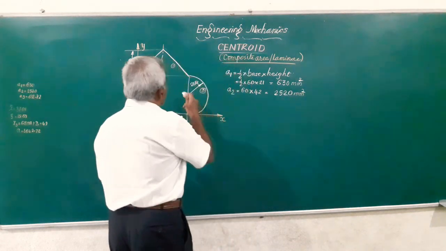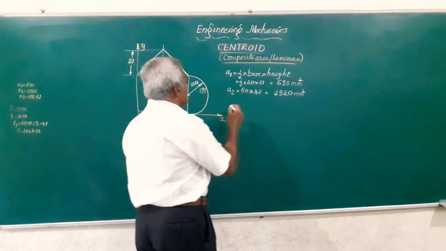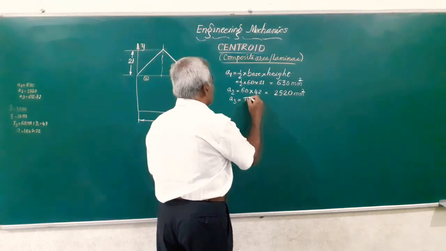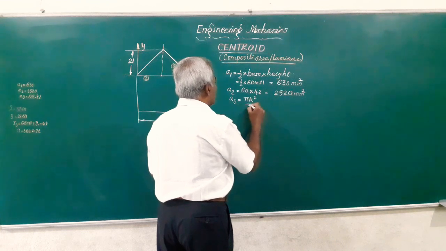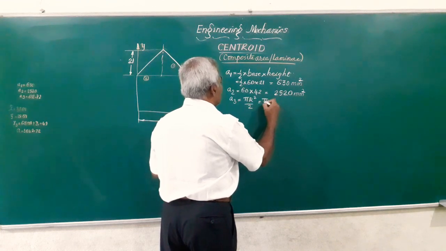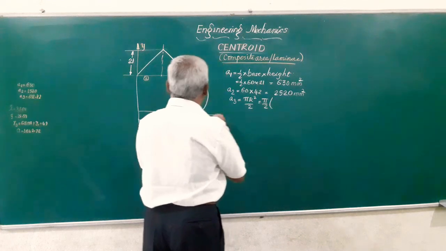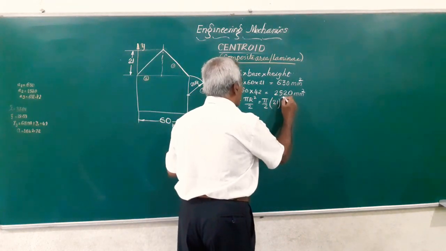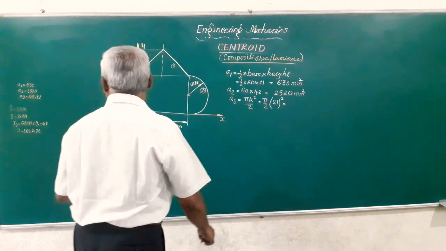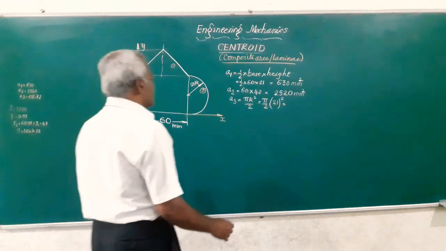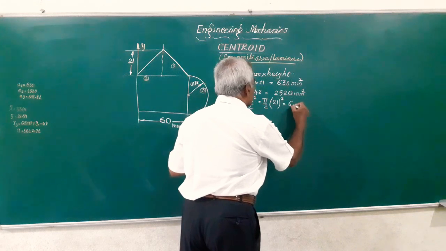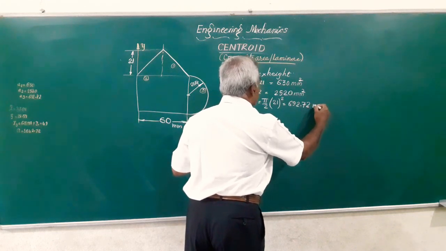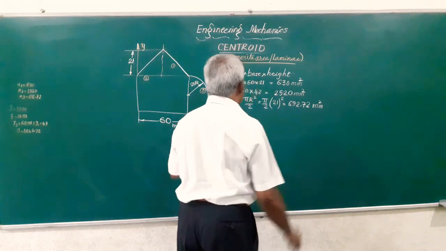Finally, let's find out the area of this semicircle. Semicircle has the area pi r square by 2, so pi by 2 multiplied by the radius 21 square. If you simplify this, it works out to 692.72 millimeter square, the area of this third figure.